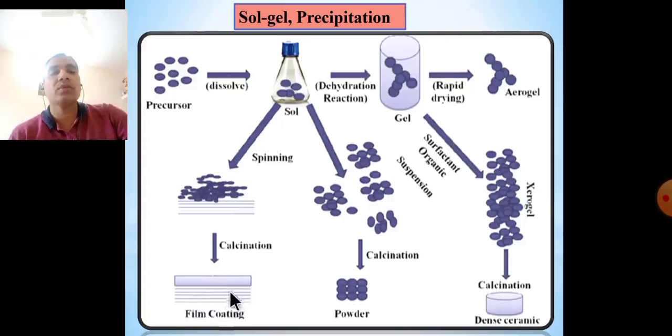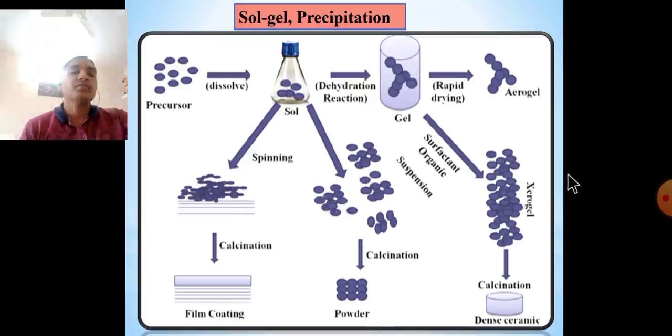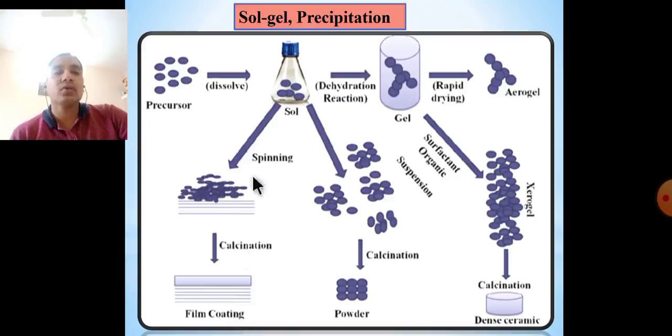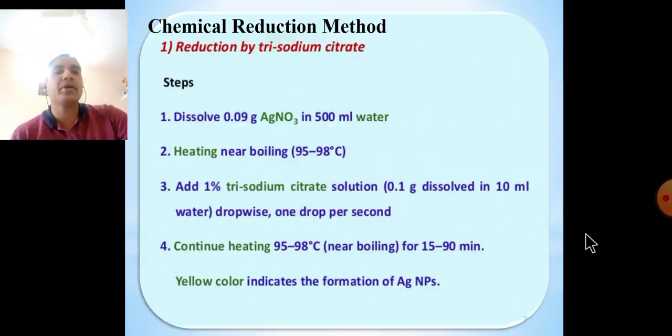The sol is heated to form a suspension, and then calcination forms a powder. That is the sol gel method, forming different types: sol, film coating, powder formation, dense ceramic materials, and also aerogel.